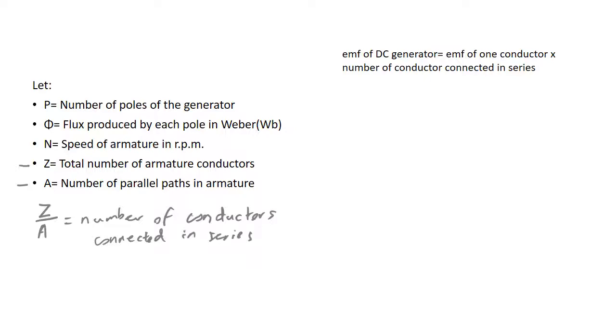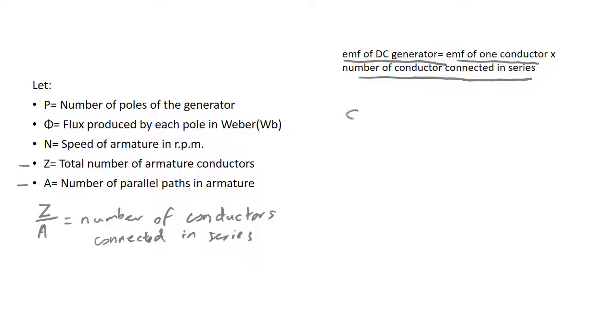Induced EMF in each path is the same across the line. Therefore, the induced EMF of a DC generator will be the EMF of one conductor times the number of conductors connected in series.